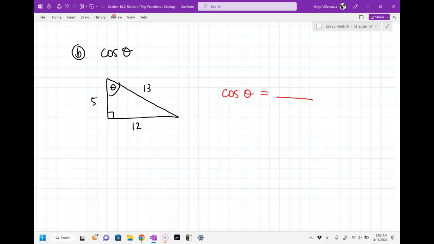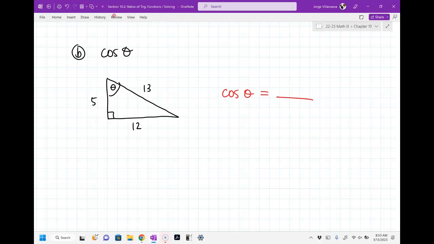The 5. Why is the 5, not the 13, the adjacent side? Anybody tell me, why is 5 considered the adjacent side, not 13, which is also adjacent? Because 13 is the hypotenuse. And we know it's the hypotenuse because it's the longest side. The longest side is automatically the hypotenuse. You don't have to wonder if the hypotenuse is the opposite or the adjacent.